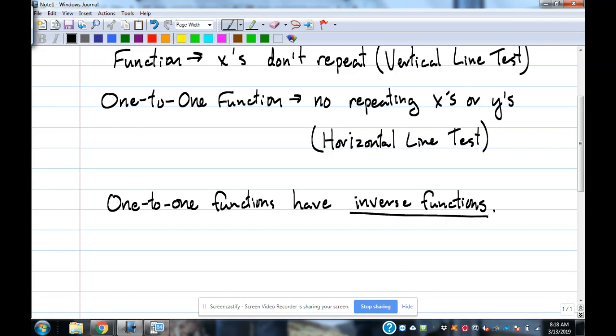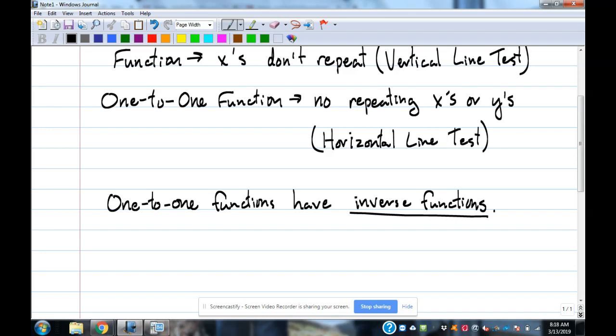We can find the inverse of most any function that we're given, but that inverse may not be a function. And the only way to guarantee that the inverse is a function is if the original function was one-to-one.